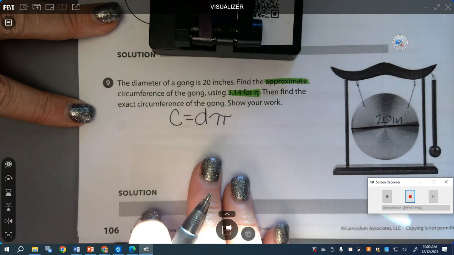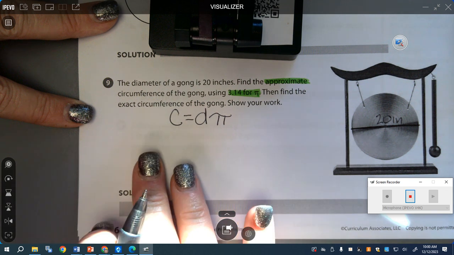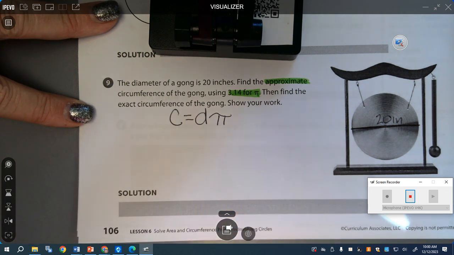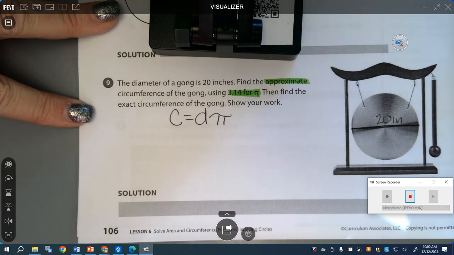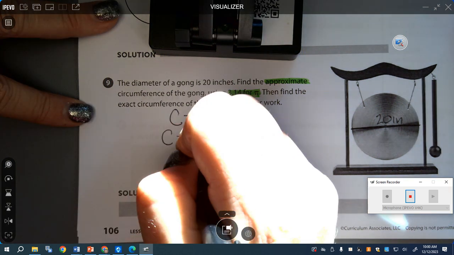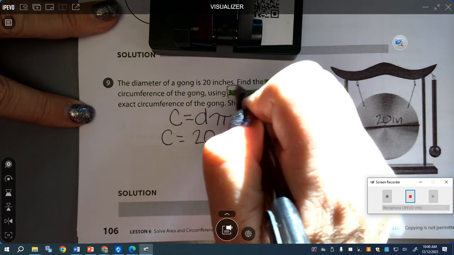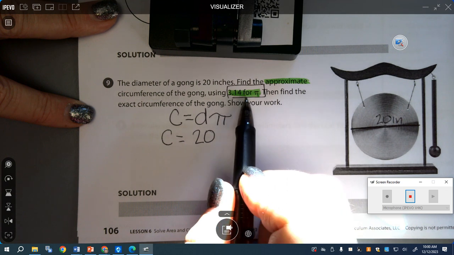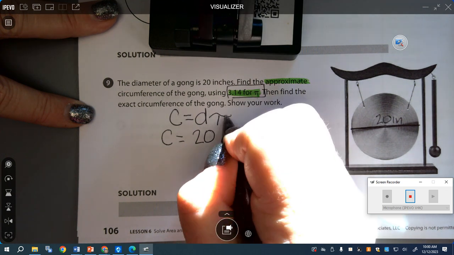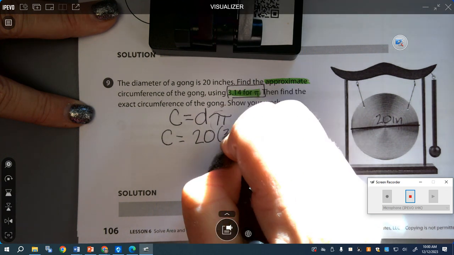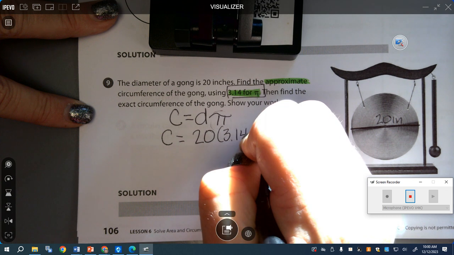It will help you. Now that I have my formula written down, I'm going to plug in the information that's given to me. So I know that my diameter is 20, right? And it tells me I'm going to use 3.14 for pi. So instead of having this pi symbol, I'm going to plug in 3.14.